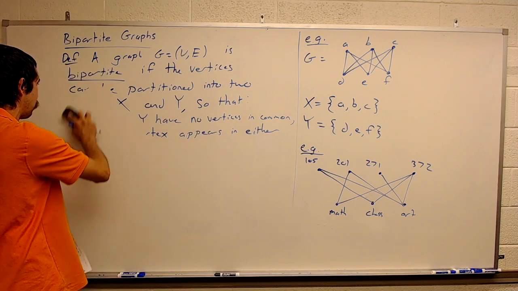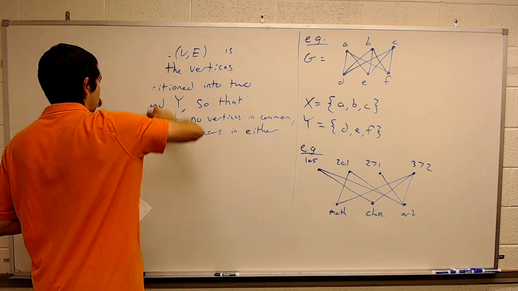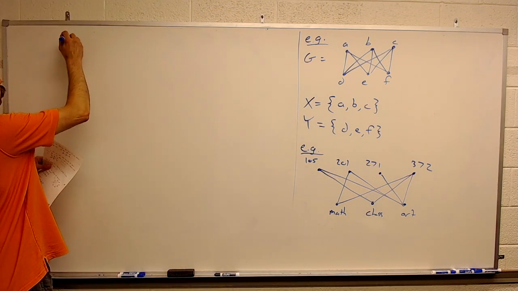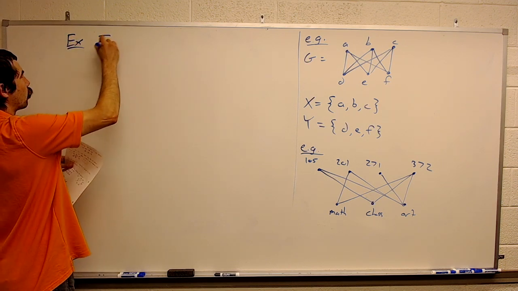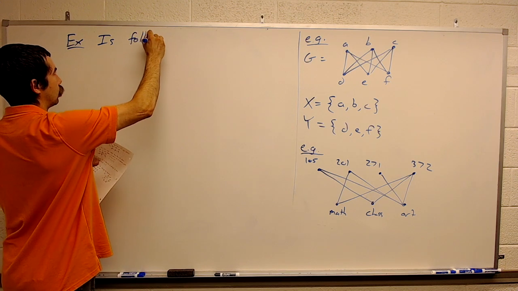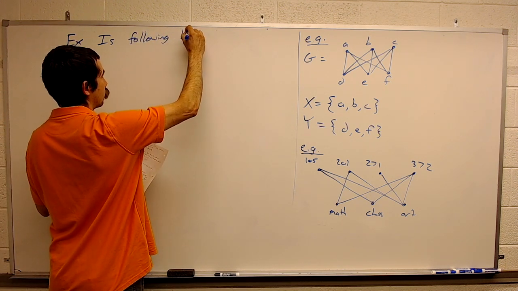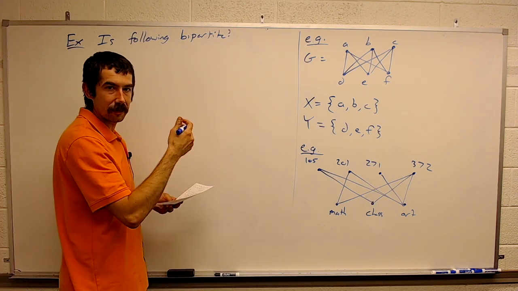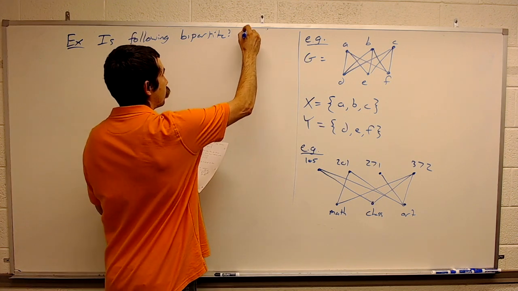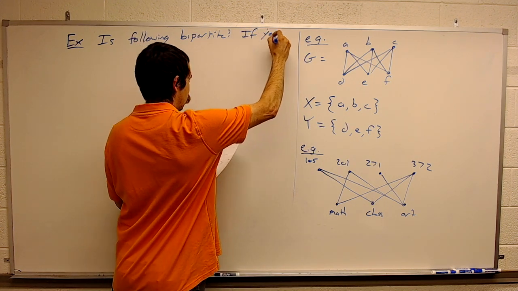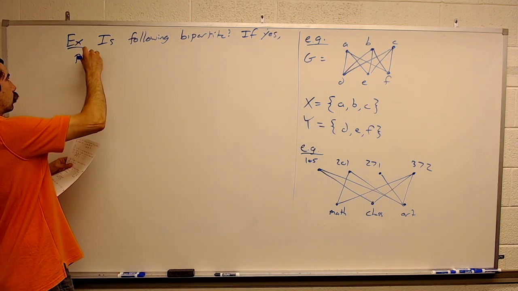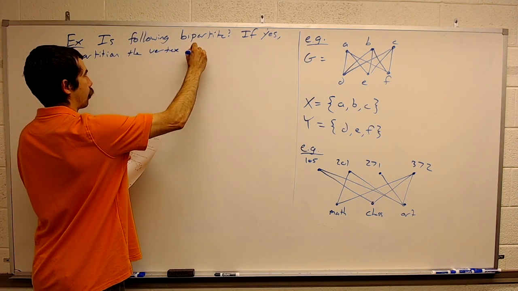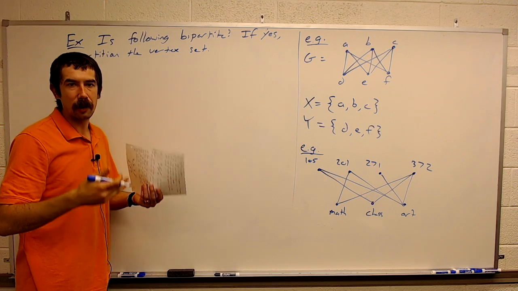All right, let's do one more example. So try this one before I answer it for you. Is the following graph bipartite? And if yes, partition the vertices, meaning what is our X set, what is our Y set.